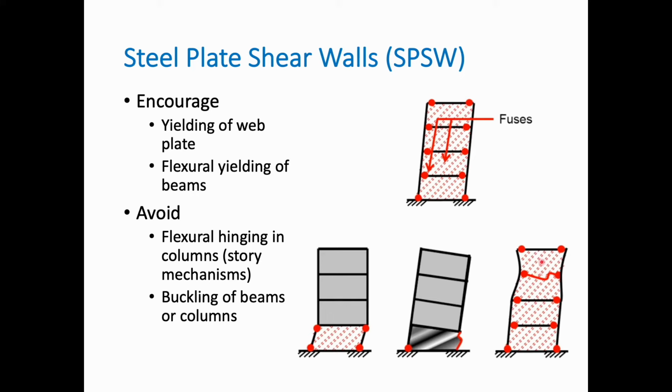So again, the design of the SPSW has to be proportioned, so that the ductility is achieved before we reach the capacity of the other members that we want to remain elastic, like the beams and especially the columns.